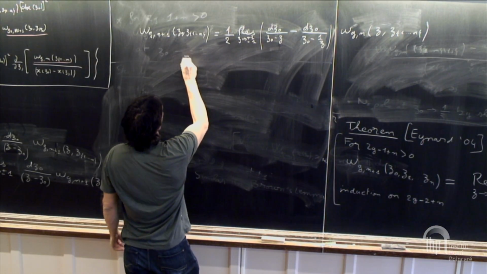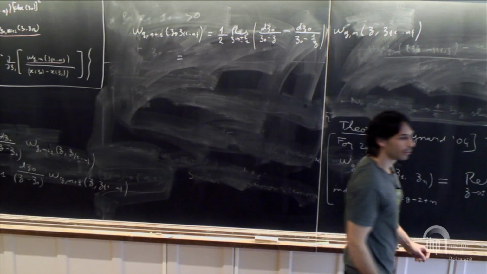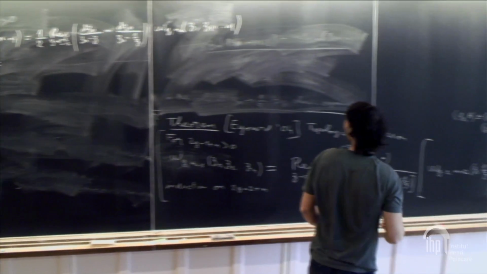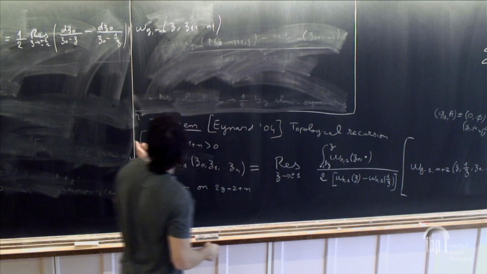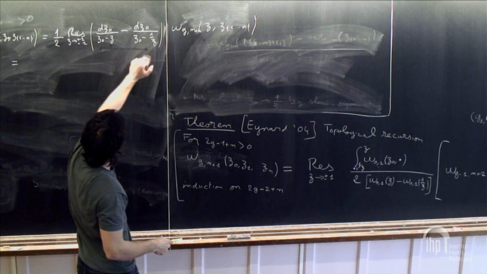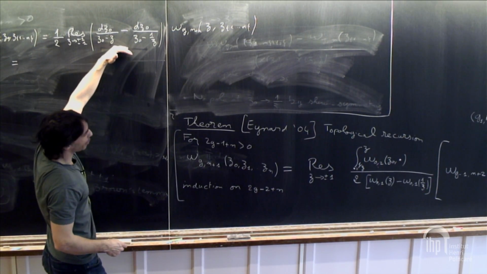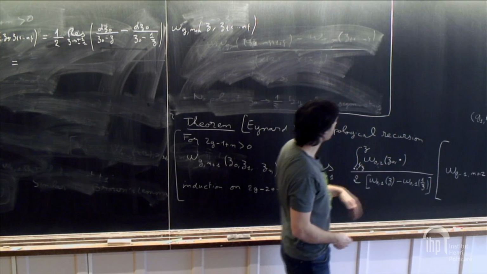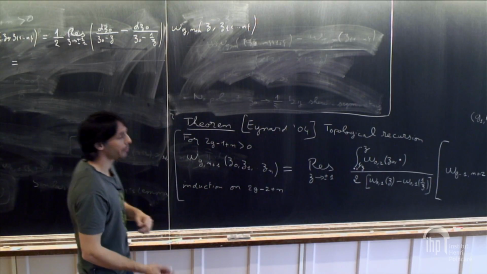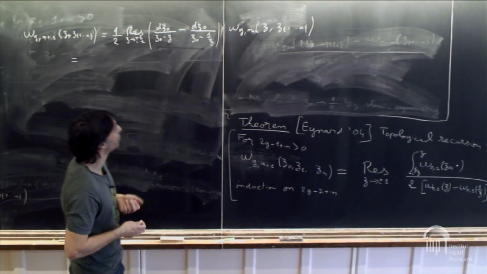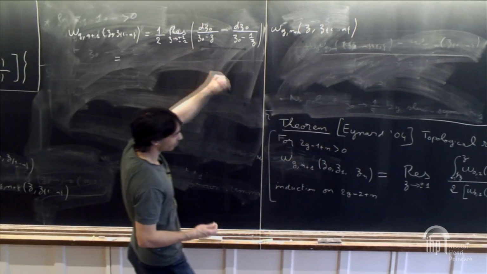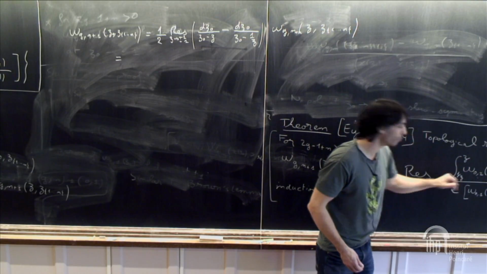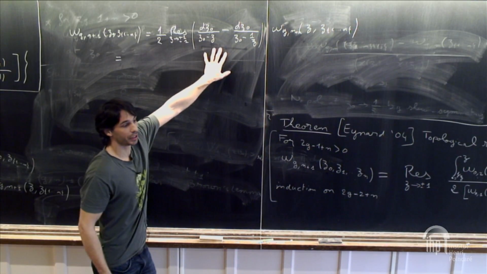Now, the first observation is that actually this can be written in terms of omega 0,2, which you remember was a very nice object, which was just dz0, dz1 divided by z0 minus z1 squared. So if you integrate it, you get something with simple poles. And so if you integrate it, you've got simple pole when z0 goes to z, z0 goes to 1 over z, which is exactly this quantity here.